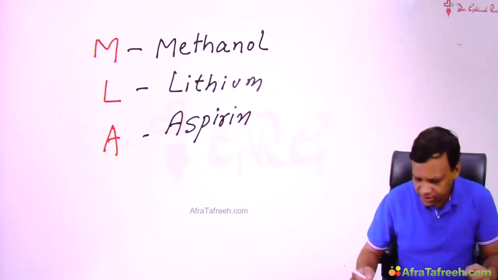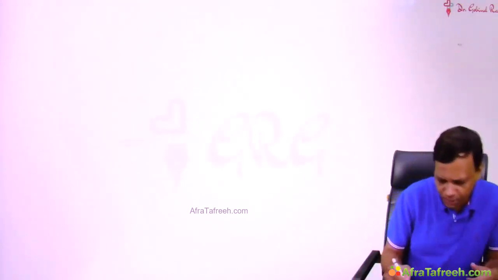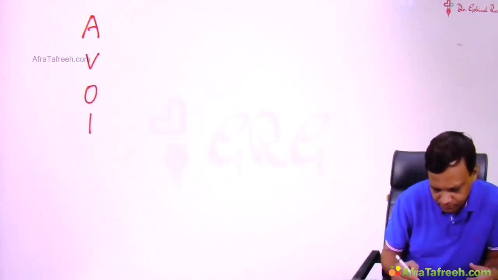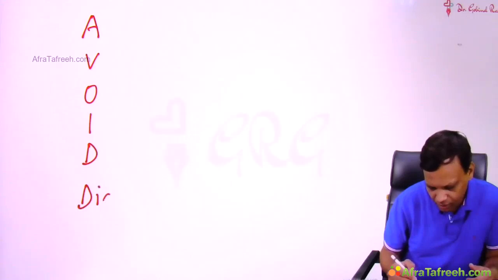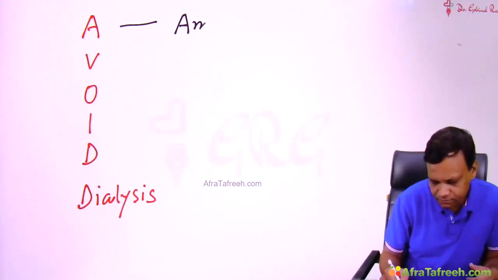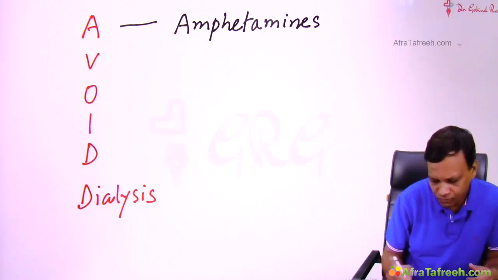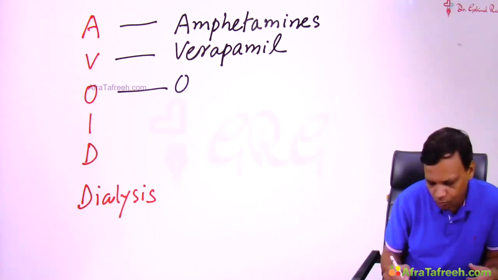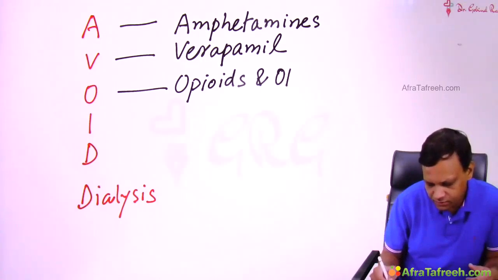But for certain drugs, dialysis is not effective. So we remember those drugs as AVOID dialysis. A for amphetamines. V for verapamil. O for opioids and organophosphates.